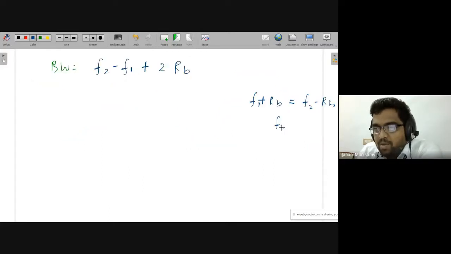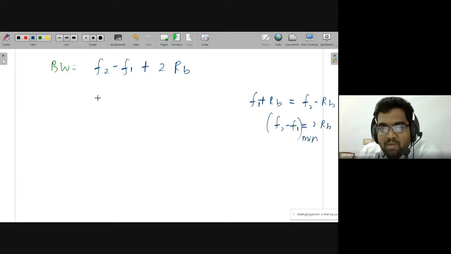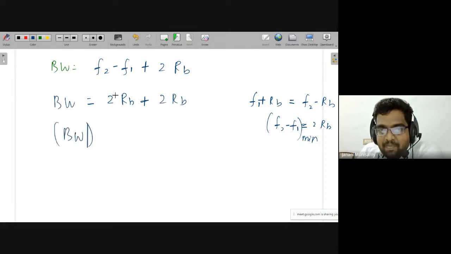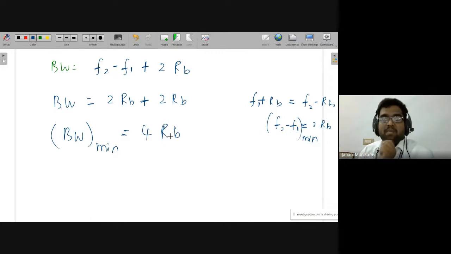Then F2 minus F1 is 2 times Rb, the minimum possible value. So in the case of FSK, the minimum bandwidth needed is 4 times Rb. At any point of time, bandwidth will be definitely greater than 4 times Rb.